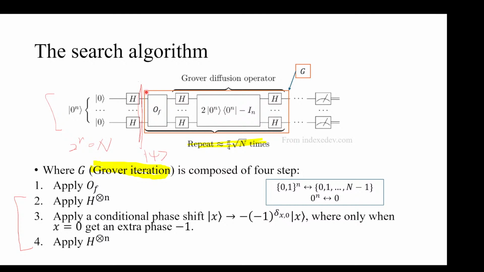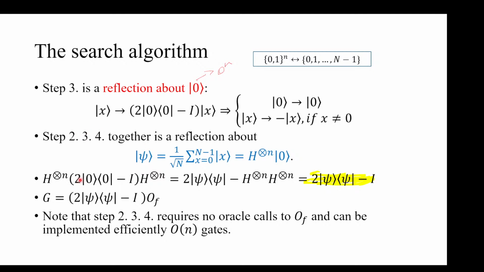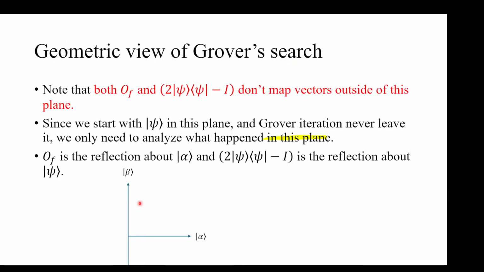The first one is O_f, where you apply the oracle. The second step is a reflection around psi, the uniform superposition of everything. So first you apply the oracle, and the second step is 2 projector onto psi minus identity, which is a reflection around psi. So this Grover iteration is you apply the oracle, then you apply 2 psi minus identity. And we see that in the geometric view.